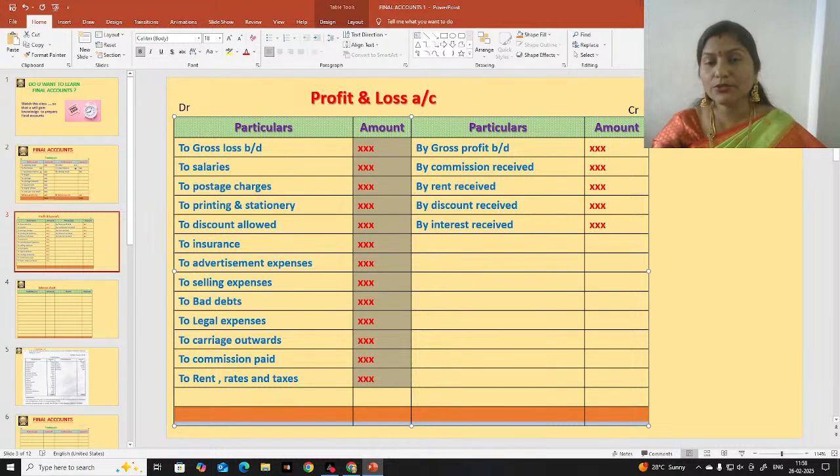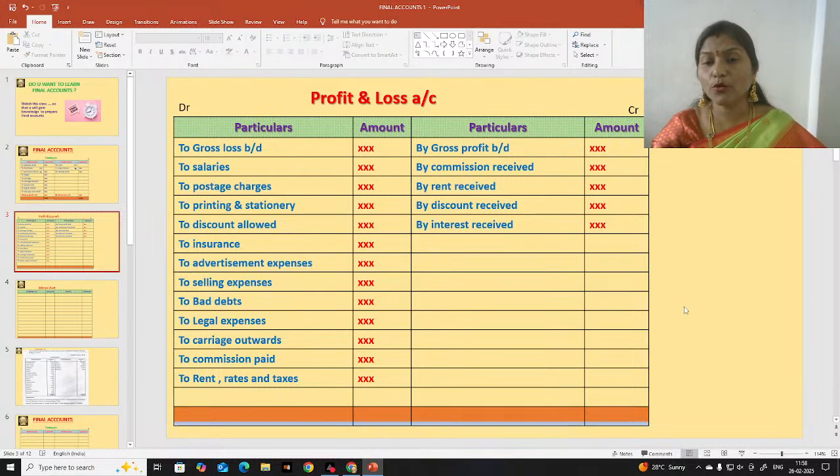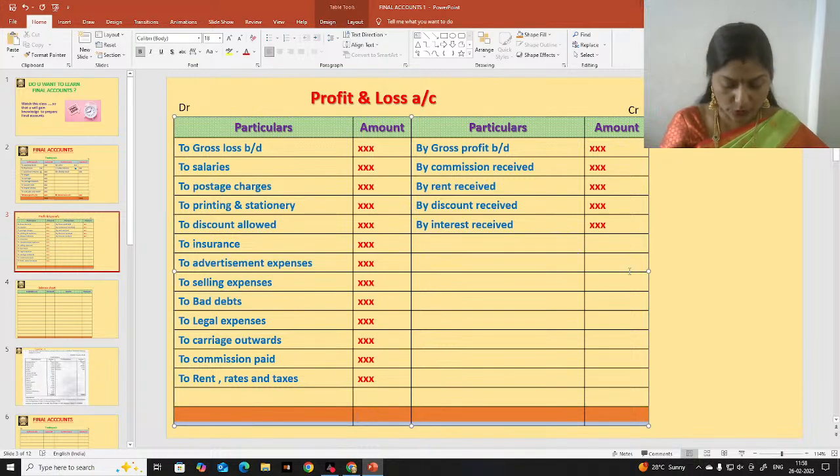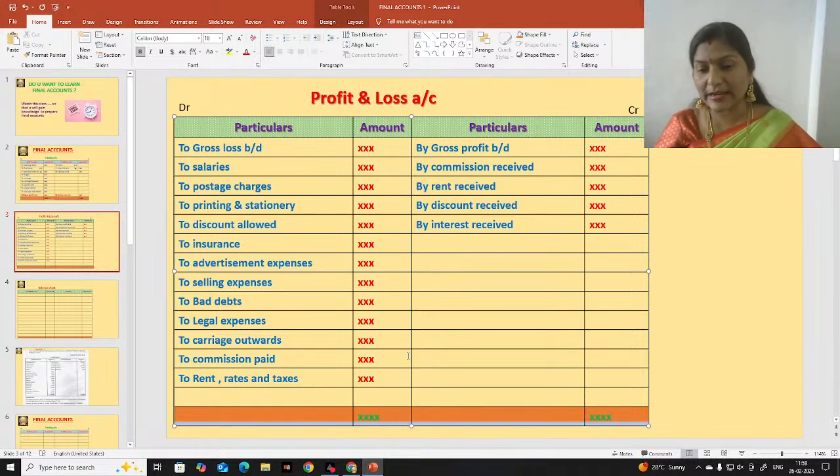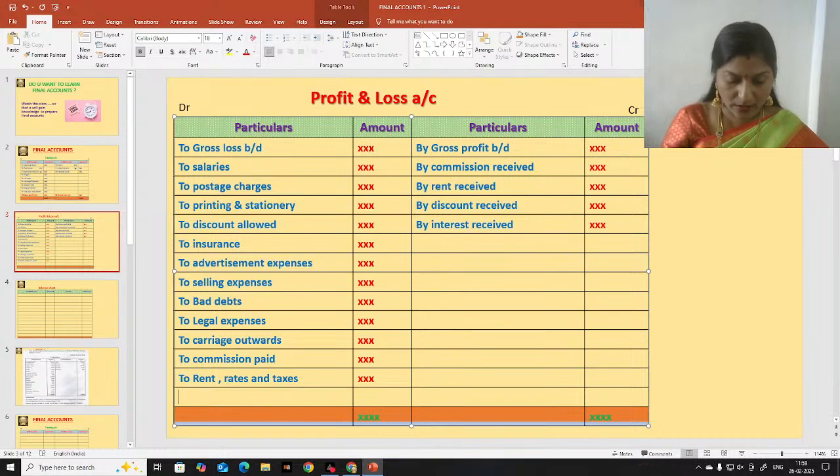Then what you are going to do is record in totals on both sides the more amount. What is the more amount here? 50,000. So you are going to write in totals on both sides the more amount, 50,000, and then you are going to move on to the less amount side. Where do we have the less amount? Debit side. So we will record on the debit side to net profit. That is the answer in profit and loss account. To net profit.